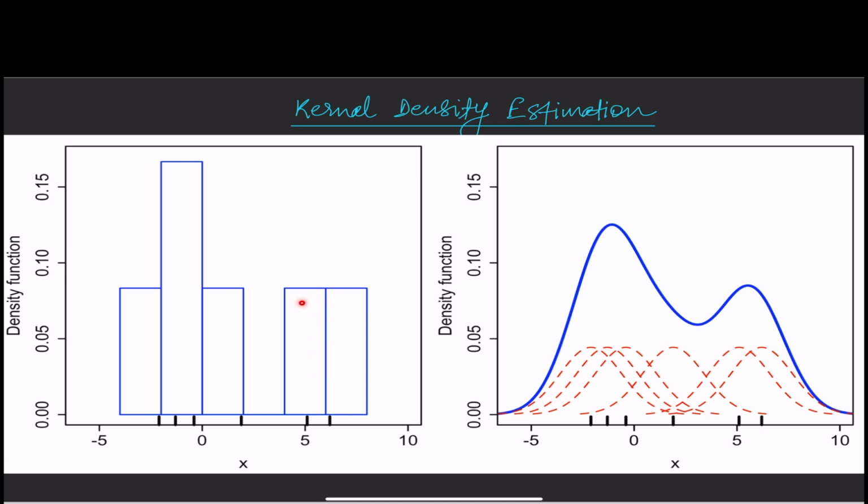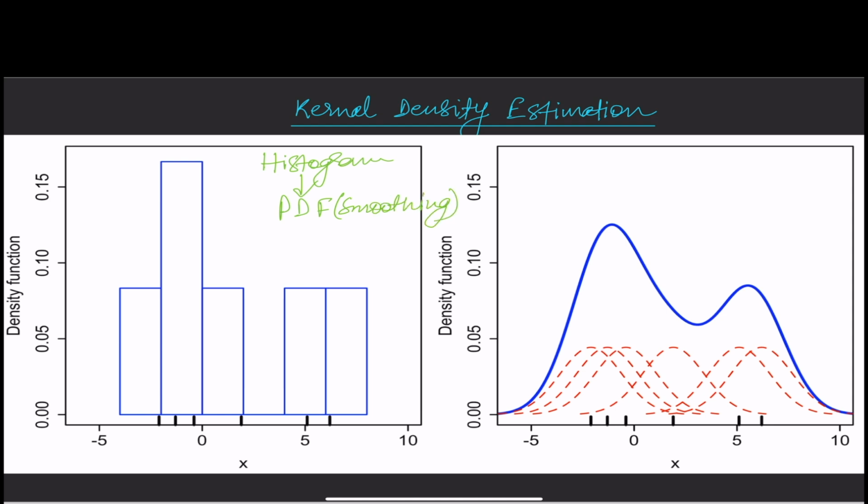This is how the histogram looks like. Now, from this histogram, I can compute my PDF. PDF, that is probability density function. How can I compute my PDF? By smoothing.